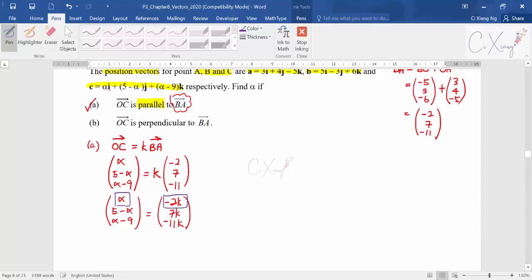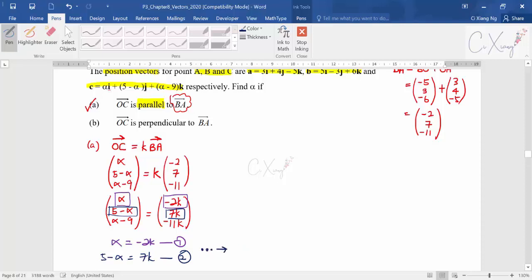So the first equation that you can get is alpha equals negative 2k. And you compare either y or z, up to you. So maybe you can compare the y, which is 5 minus alpha equals 7k, and this is the second equation. You can also use the first and the third or whatsoever, as long as you use two of these equations, and then you continue further.